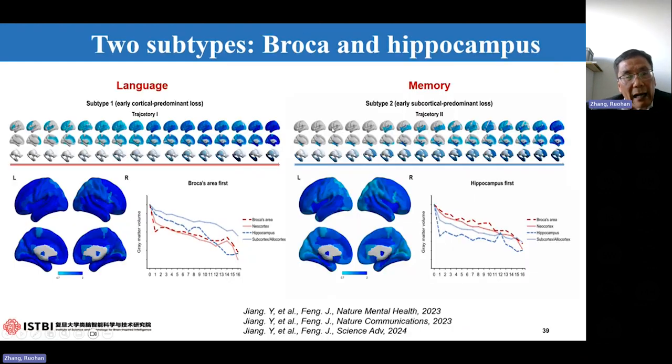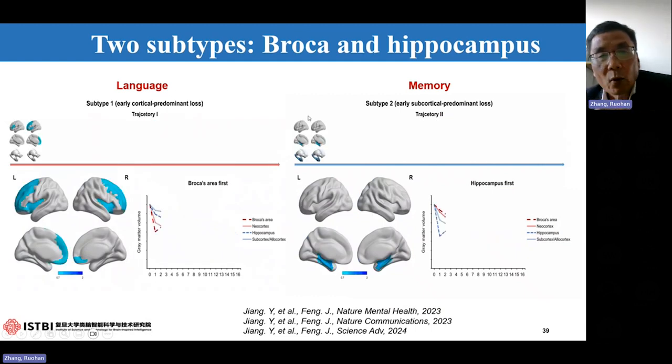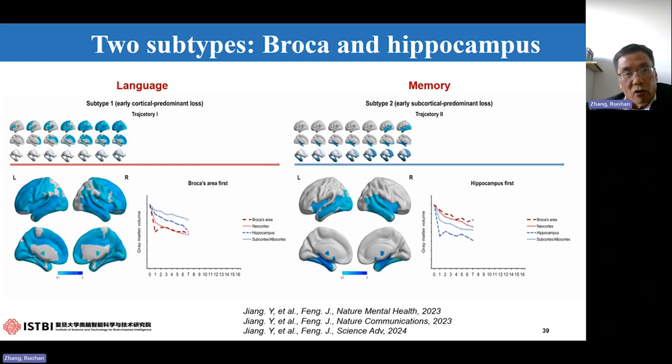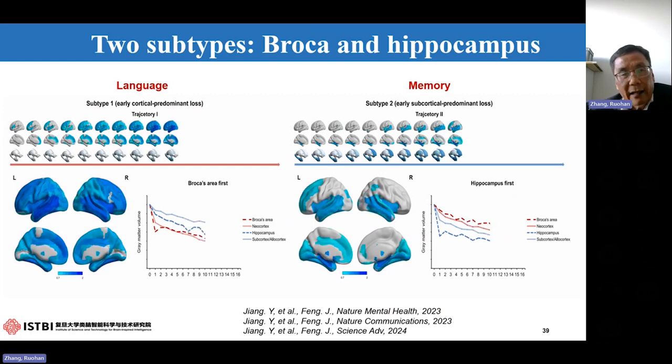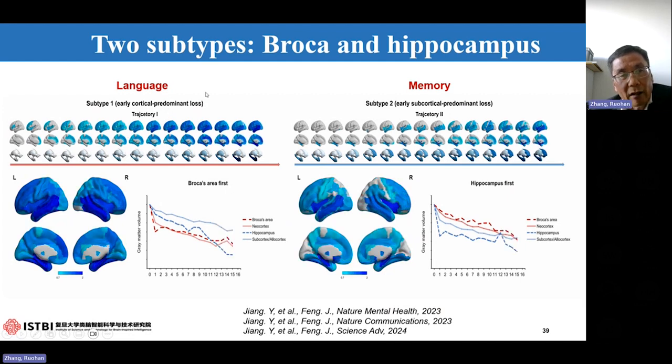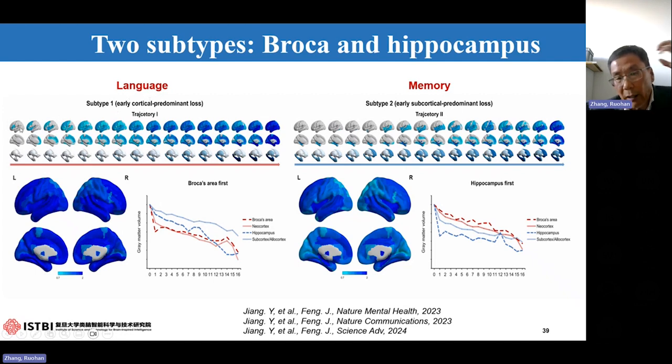Following this idea, we applied it to schizophrenia, depression, and Alzheimer's disease. We are very happy to find that in schizophrenia there are two subtypes. One subtype starts with shrinkage in the language area, what we call the Broca area.